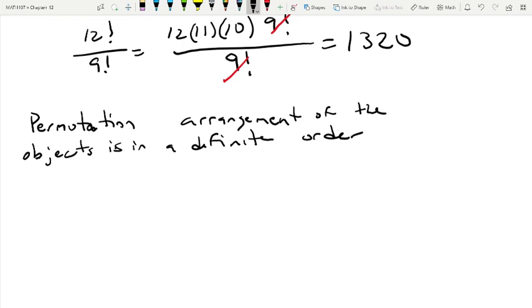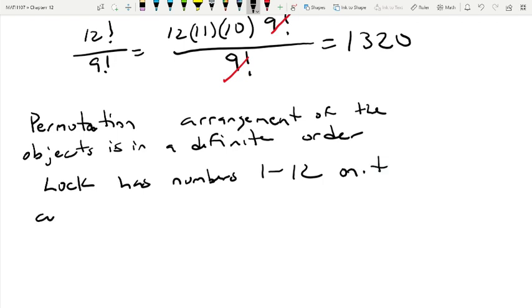So if you think in terms of if we had a lock, so I have a lock that has the numbers 1 through 12 on it. Okay.